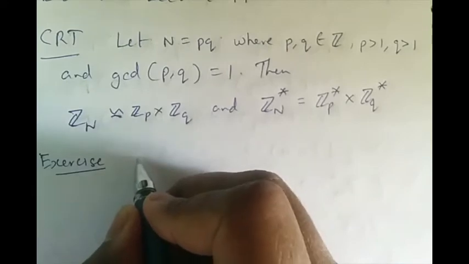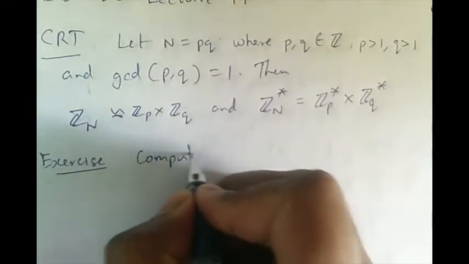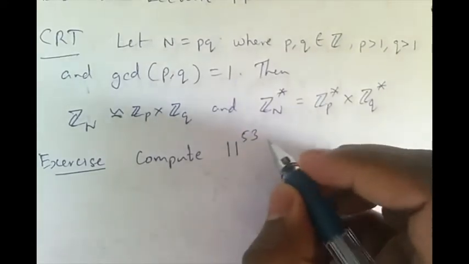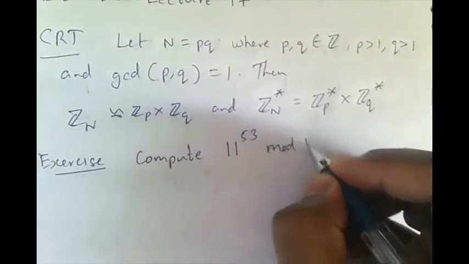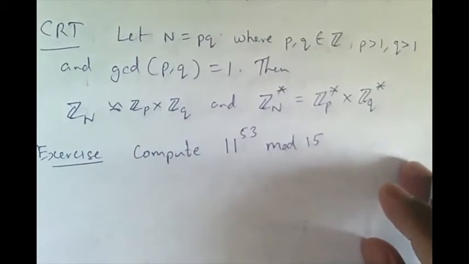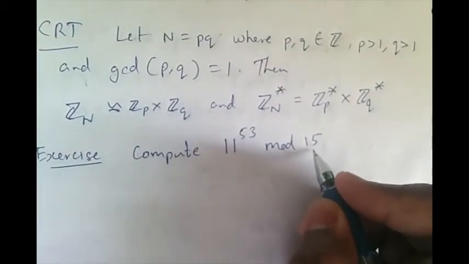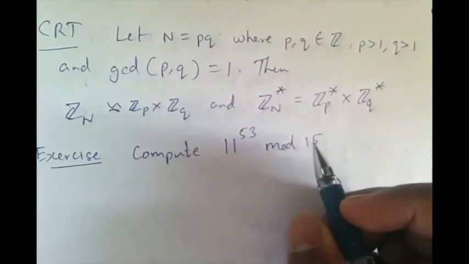Suppose we wanted to compute 11 raised to 53 modulo 15. So note that 15 satisfies the hypothesis of the Chinese remainder theorem.